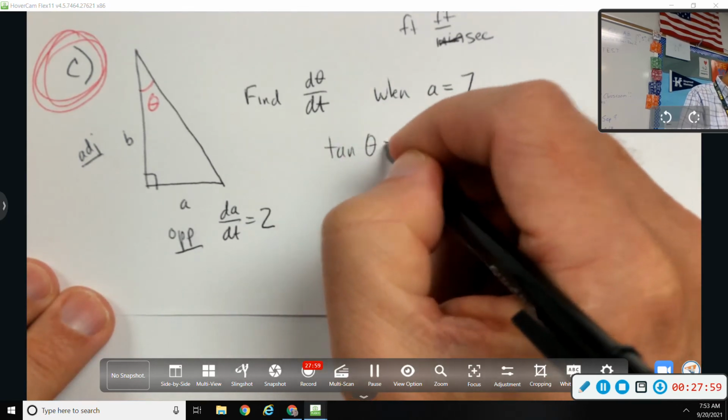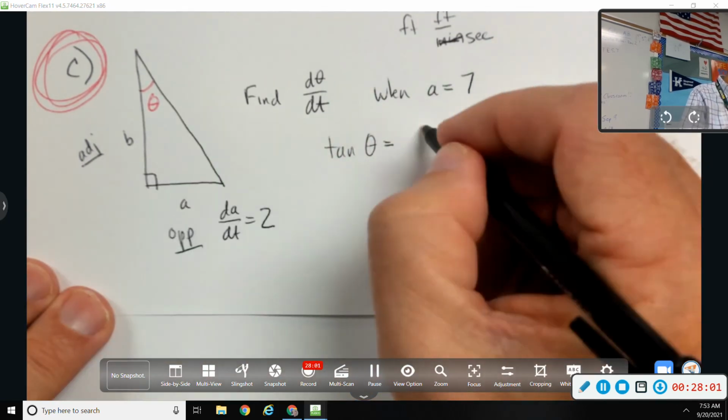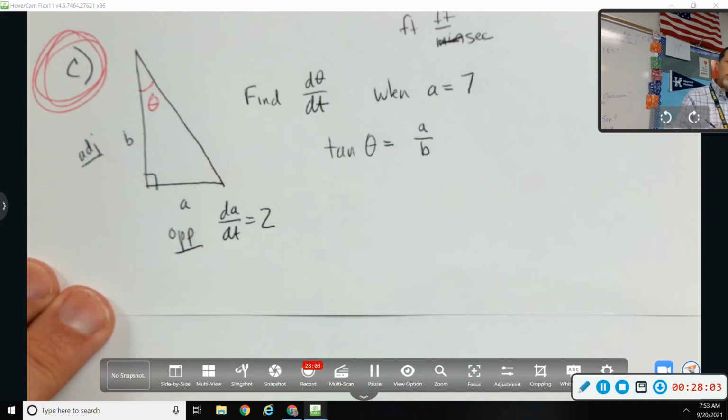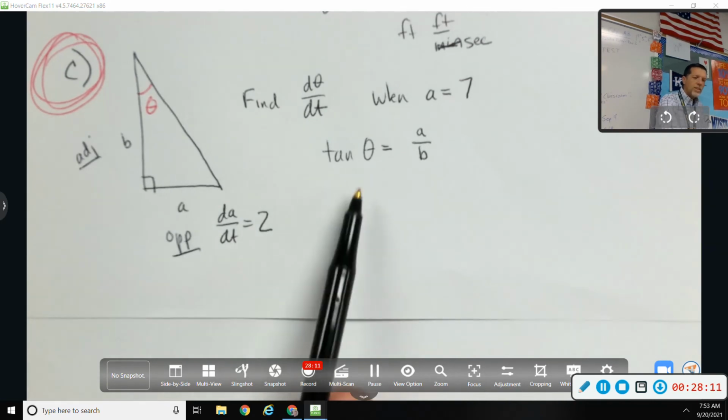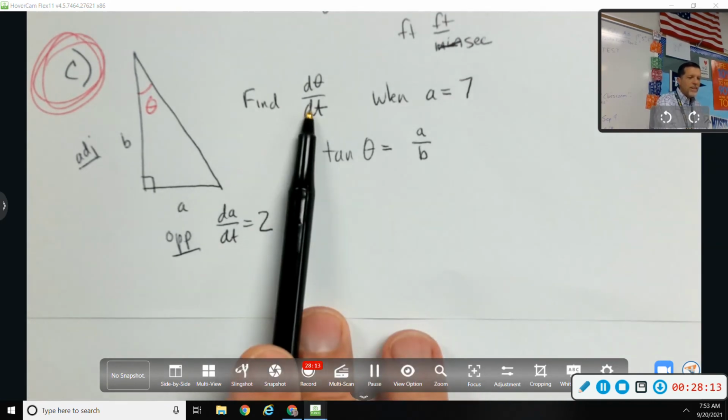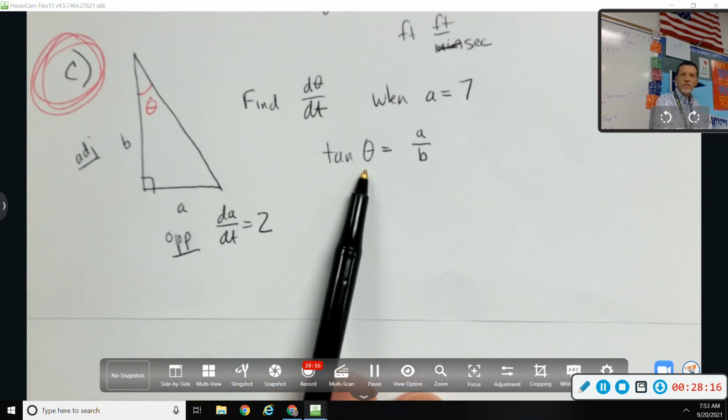So tangent of theta is opposite over adjacent. A over B. And if we take the derivative, d theta dt will show up for us.